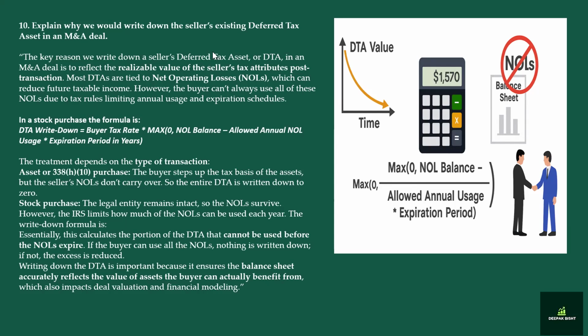Tax credit carry forwards also help create a deferred tax asset, and so do temporary differences where expenses are recognized earlier for tax purposes than for book purposes, which could be created because of depreciation schedules. So a DTA on a seller's balance sheet is essentially saying that in the future I expect to pay less tax because I can use those losses or deductions.